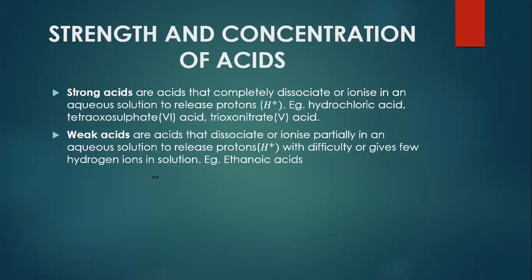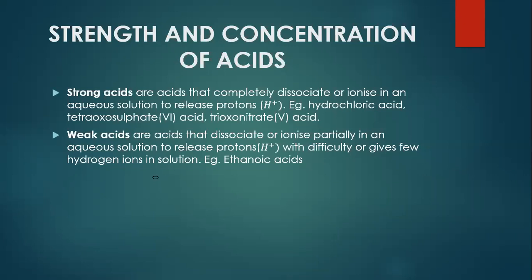Now, the second aspect of the strength of an acid is the weak acid. As compared to the strong acid, it is the opposite, in that these are acids that dissociate or ionize partially in an aqueous solution to release protons.